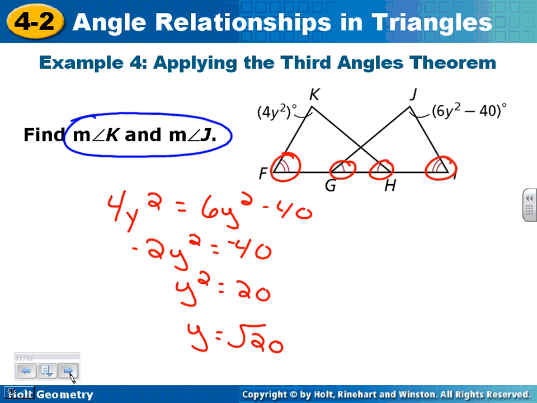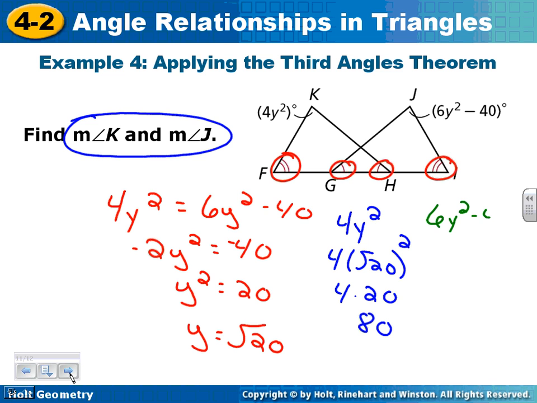Let's find the first one. 4y squared would be 4 times the square root of 20 squared, which is just 4 times 20, or 80. Because when you square a square root, it just becomes the 20. The next one would be 6y squared minus 40.